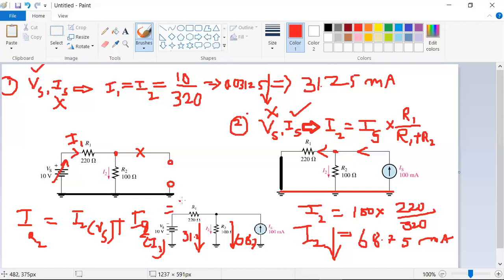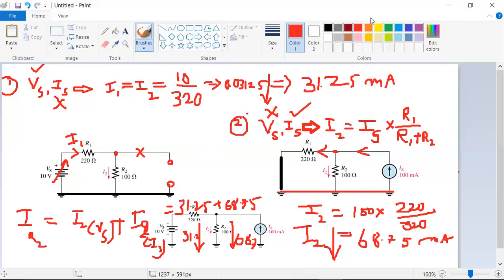Then the addition of 31.25 plus 68.75 gives the total current passing through the 100 ohms resistor, that is R2. 68.75 plus 31.25 means 100 milliamps of current is passing through this.